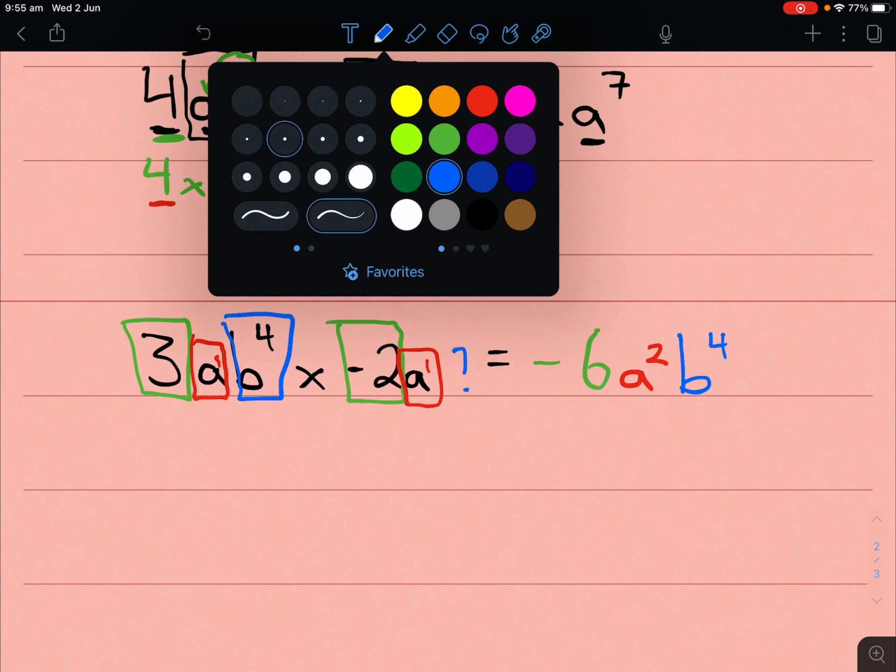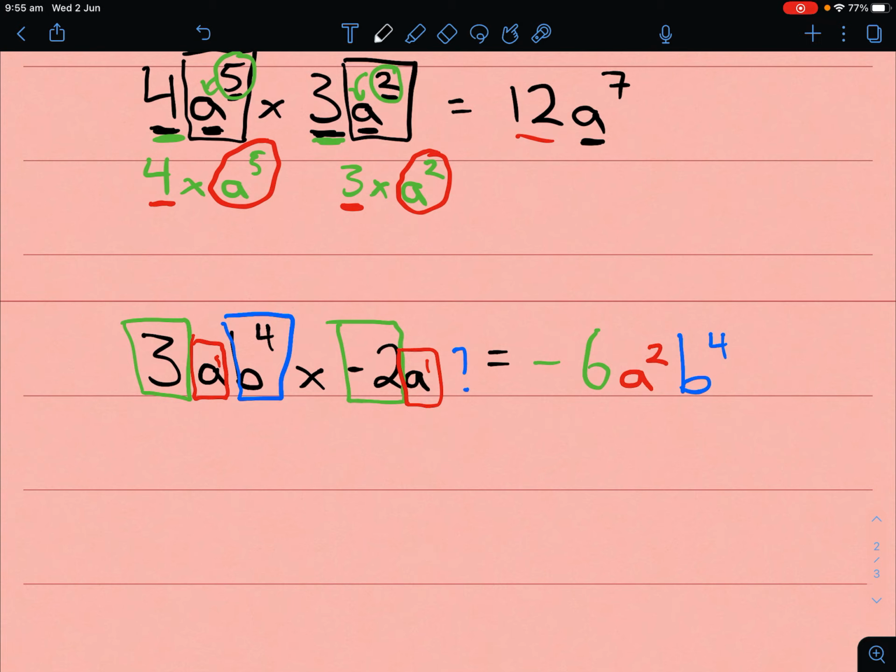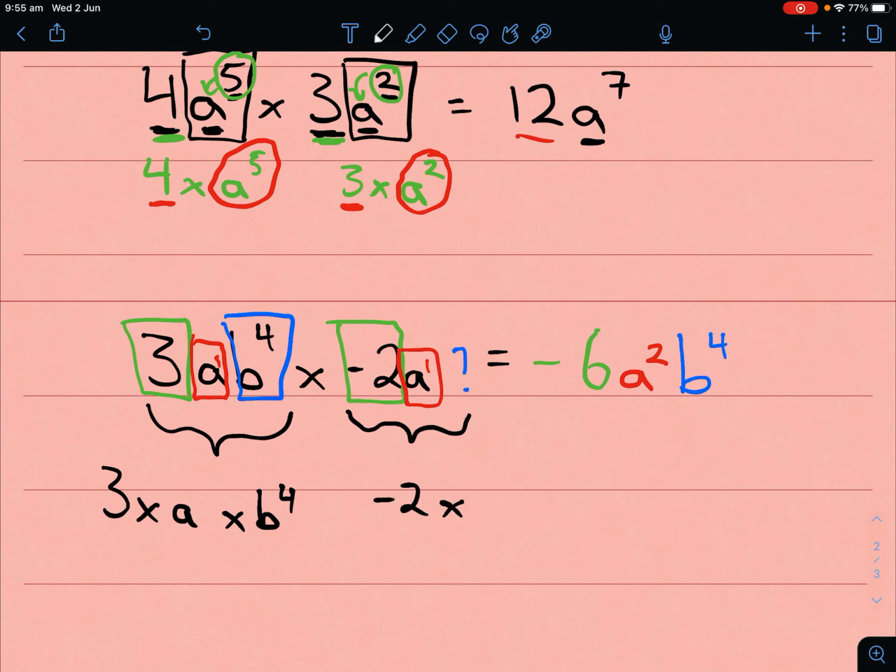And if I just write the expanded version for you again underneath, so if I was to expand all of this here, what we're really looking at is 3 times a times b to the 4. And this one here would be minus 2 times a. So if we multiply all of this together, we get 3 times minus 2, which is minus 6.